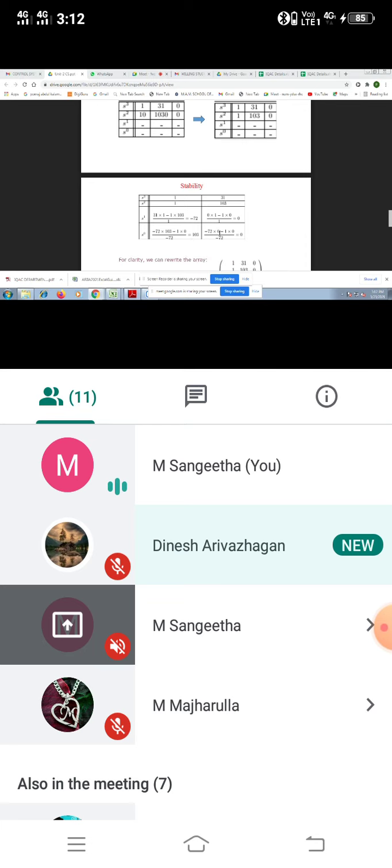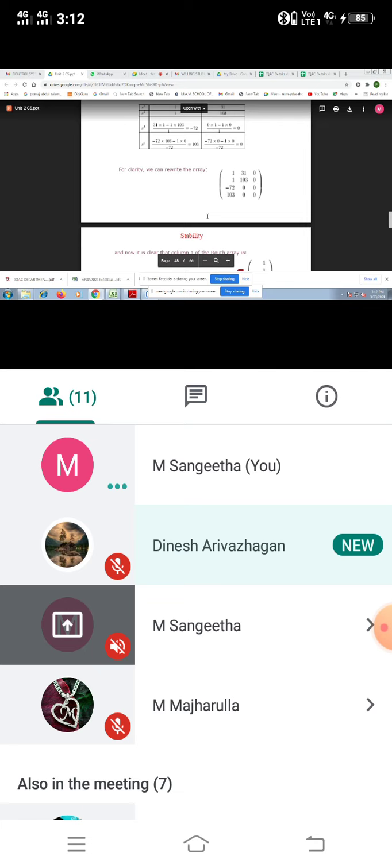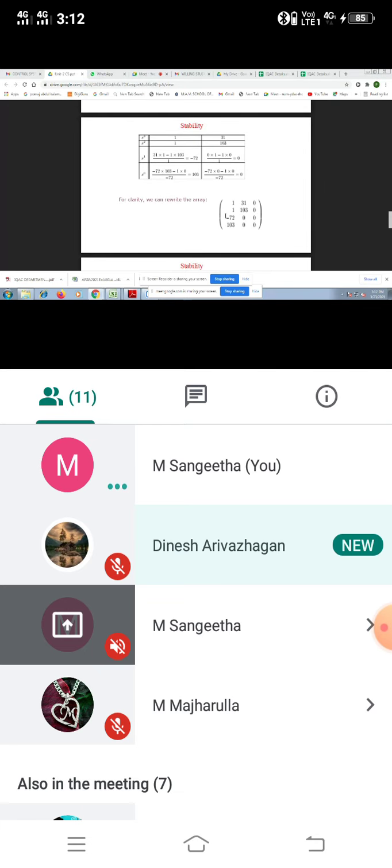Then same like minus 72 into 0 minus 1 into 0 by this minus 72 equals 0. So the four values can we get from those two rows. Okay. Finally, we get the matrix form 1, 31, 1, 103, minus 72, 0, 103, 0. Third columns are zeros.